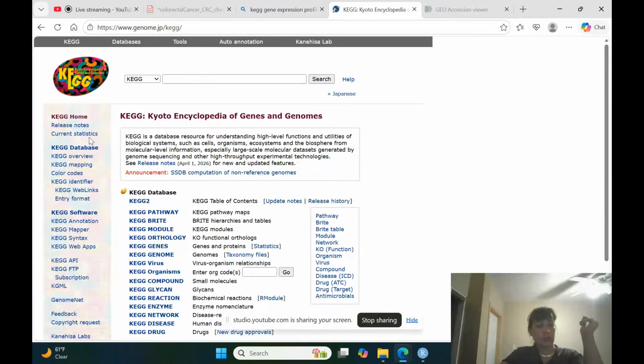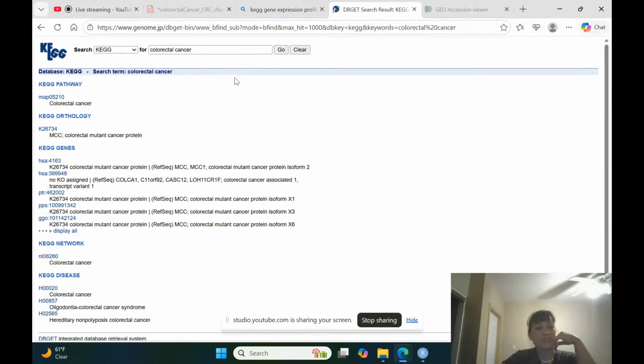Let's just look at these genes. Okay, so if you go here, you can search for colorectal cancer. KEGG genes. Colorectal cancer. Colorectal mutant cancer protein isoform 2. KEGG disease. Colorectal cancer.